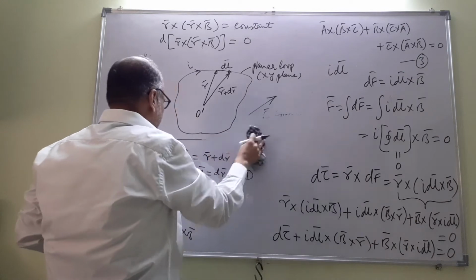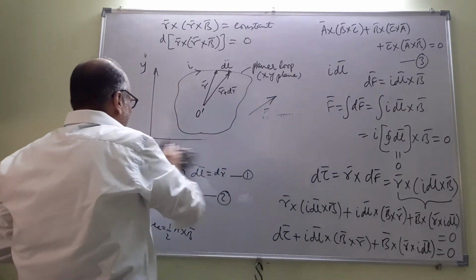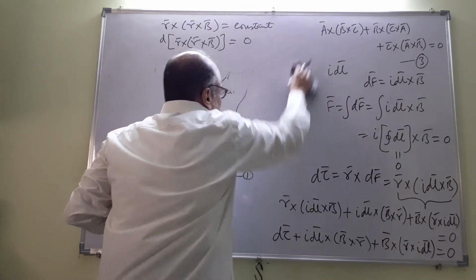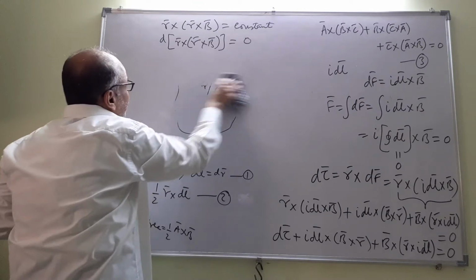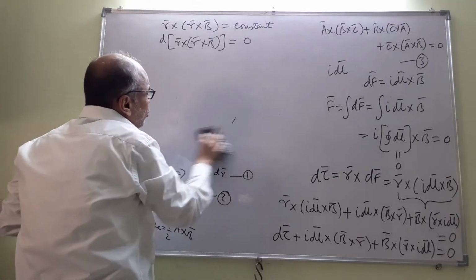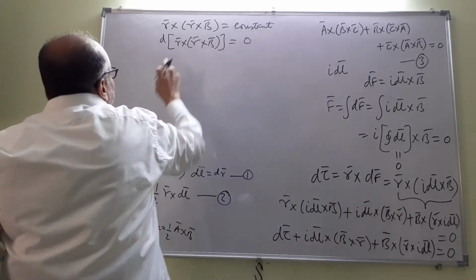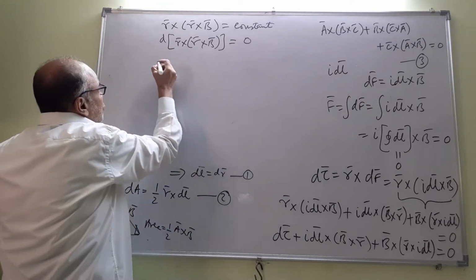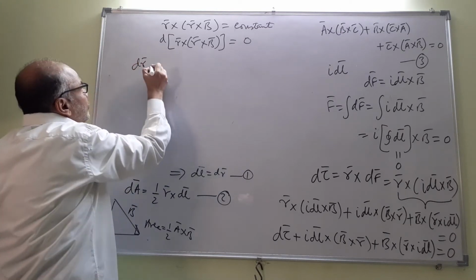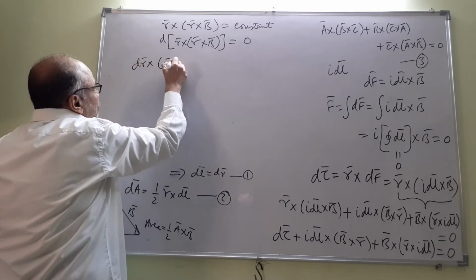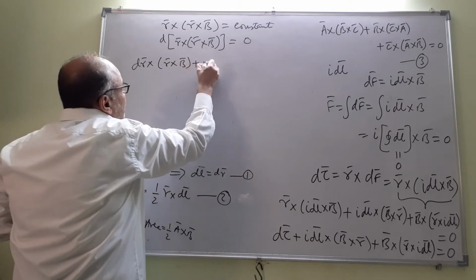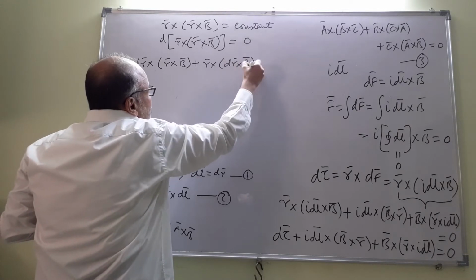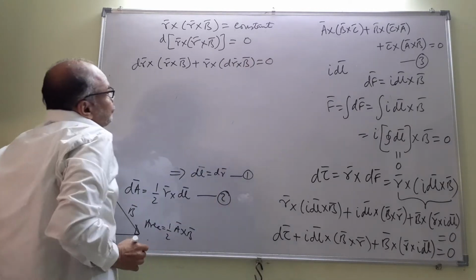So let's do the differential. We'll use the UV rule, the product rule for differentiation. We'll first differentiate this, keep this constant, then keep this constant, differentiate this. So this would be dR cross R cross B plus R cross dR cross B equal to 0. Yes?